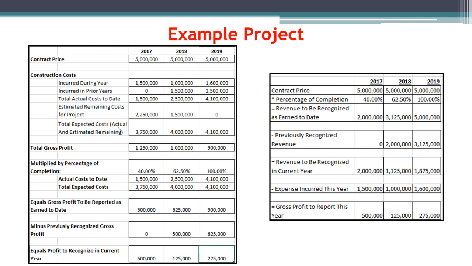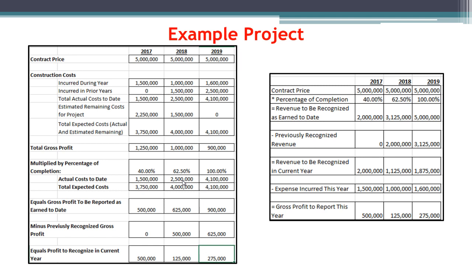So notice how this $3,750,000 is down here, this $4 million is down here, and this $4.1 million is down here. It's the same number. The numerator to that fraction is going to be what costs have we incurred up to this point. Not what cost did we incur just this year, except obviously the first year that's going to match that number because there's nothing in prior years.